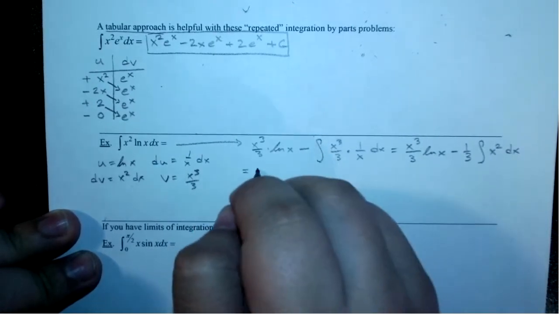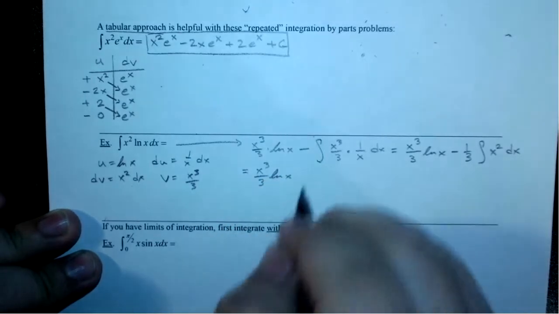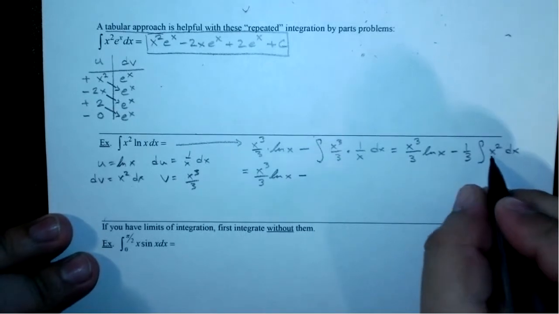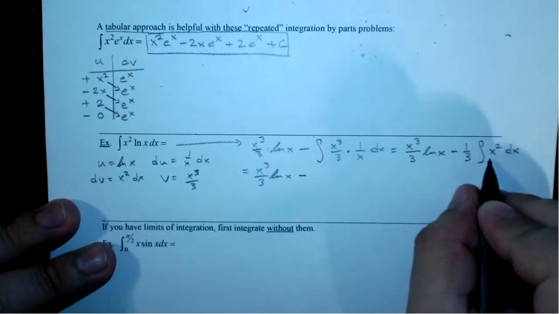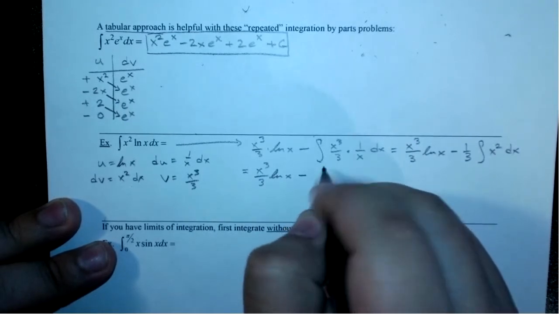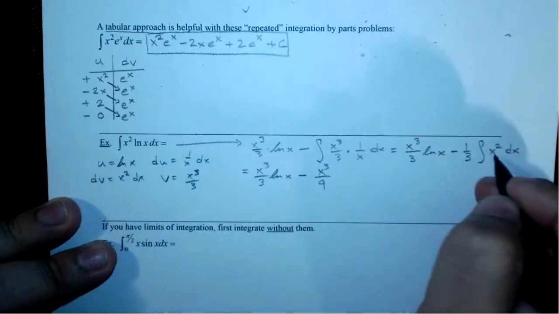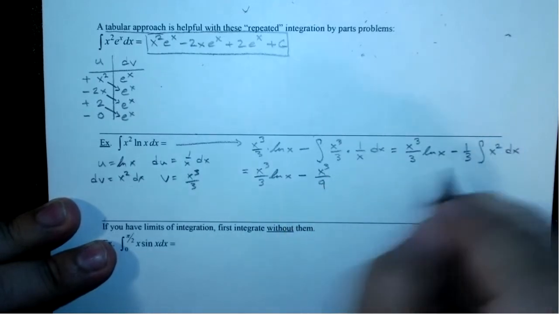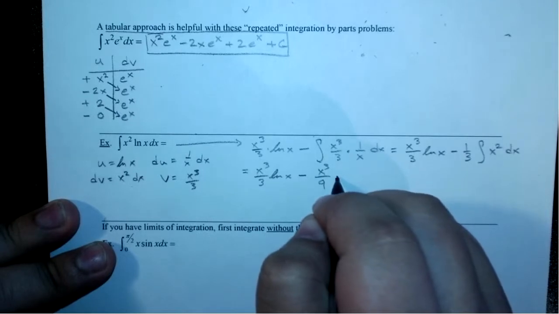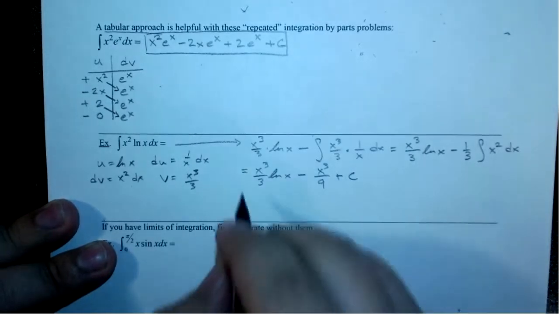Okay, so x cubed over 3 natural log of x minus the integral of x squared, which is x cubed over 3. So this is x cubed over 9 because it's over 3 times 1/3. Plus c.